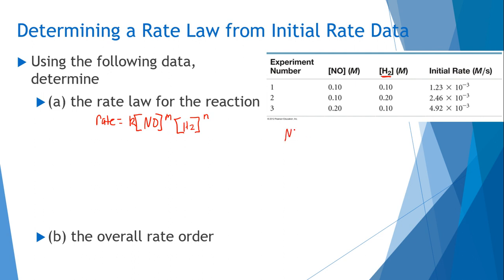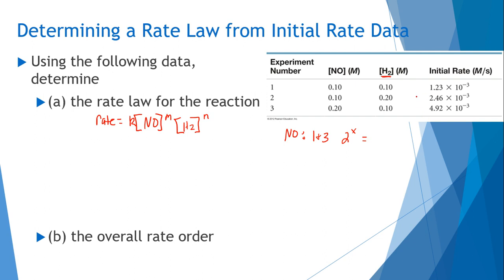So if we're focusing on NO first, we're going to look at reactions where H2 stays the same. So H2 stays the same between reactions 1 and 3. So those are the ones we're going to focus on. So here, between reactions 1 and 3, we're going to notice that the concentration of NO doubled.